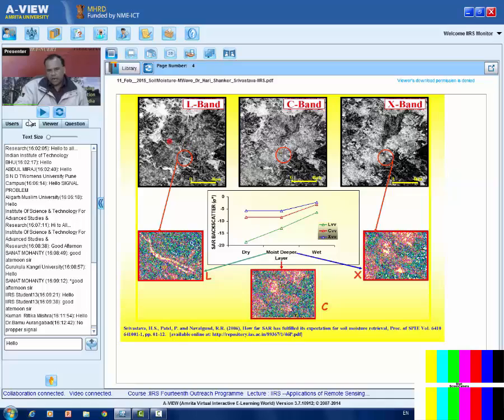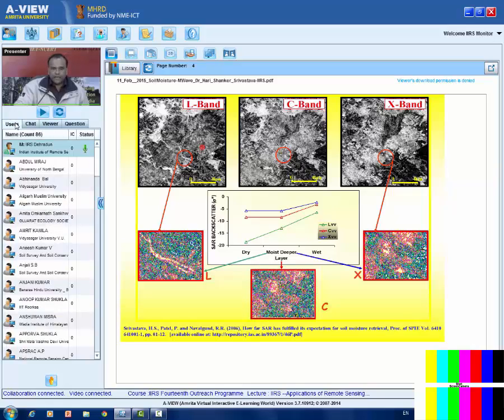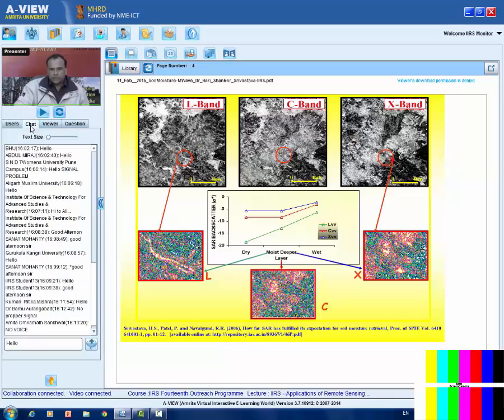Now I would like to show you how microwaves are able to penetrate inside the target, whether it is a soil medium or vegetation. Here you can see we have collected the data at X band, C band, and L band. Concentrate on the red circle, which I have marked on all three images acquired at X band, C band, and L band.